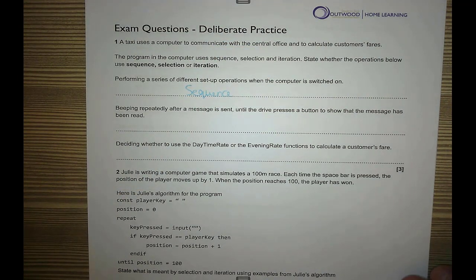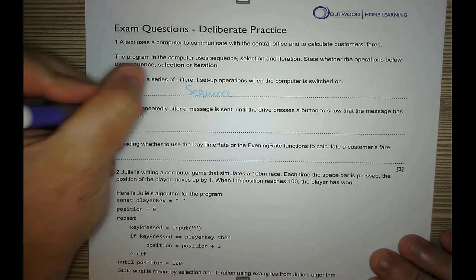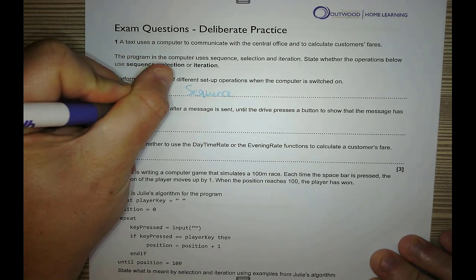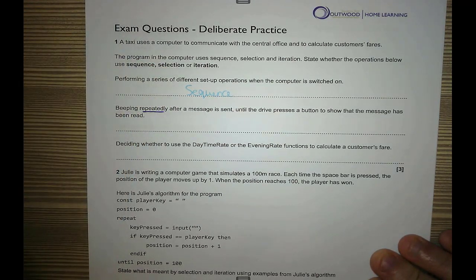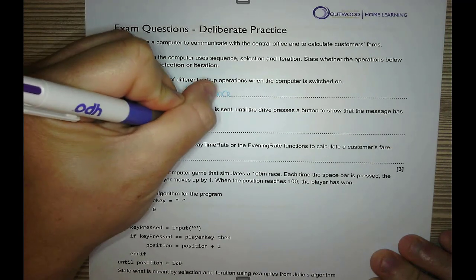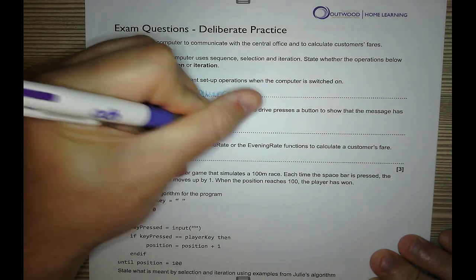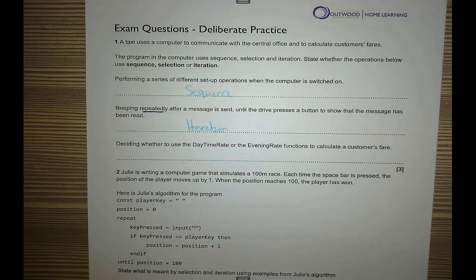Beeping repeatedly after a message is sent until the driver presses a button to show the message has been read. So as soon as we see that word repeat, we know we've got iteration. Okay, and deciding whether to use the daytime rate or the evening rate to calculate a customer's fare.